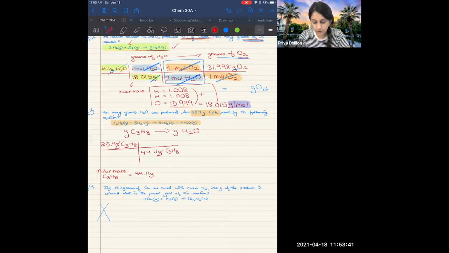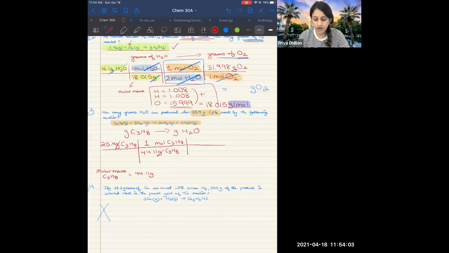And on the top, what will I put? How many moles of C3H8? 1. Good job. Okay, now we want to get rid of the moles of C3H8 and then find the conversion for H2O.